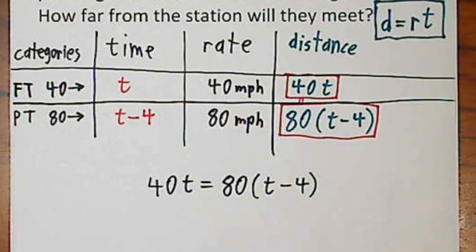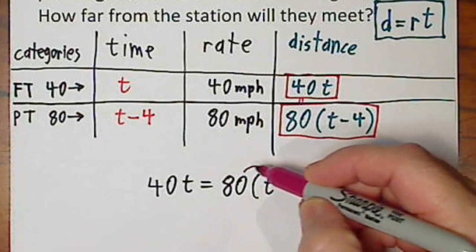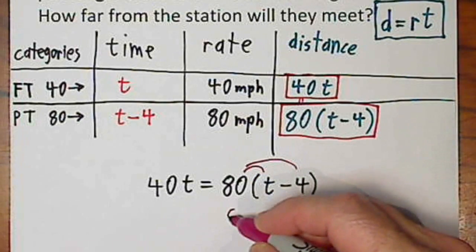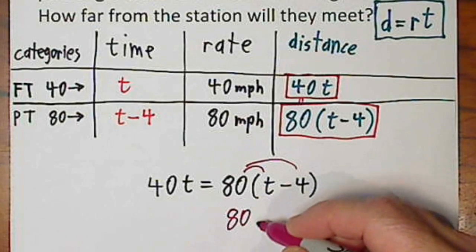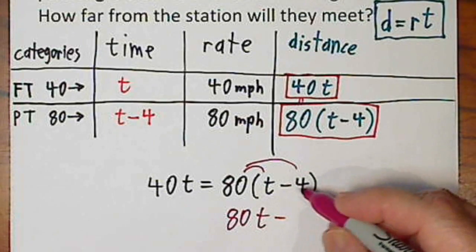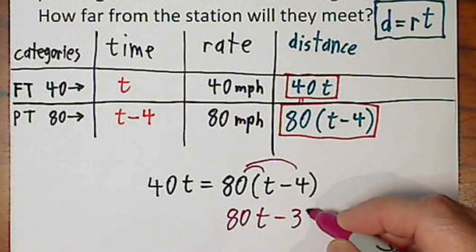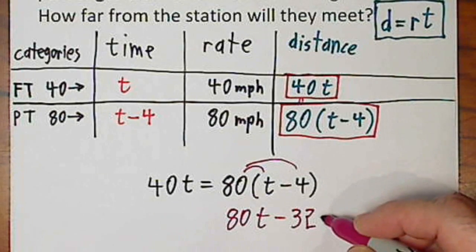Okay? So we will have to distribute our 80. Four times 8 is 32, and just tack on that 0.